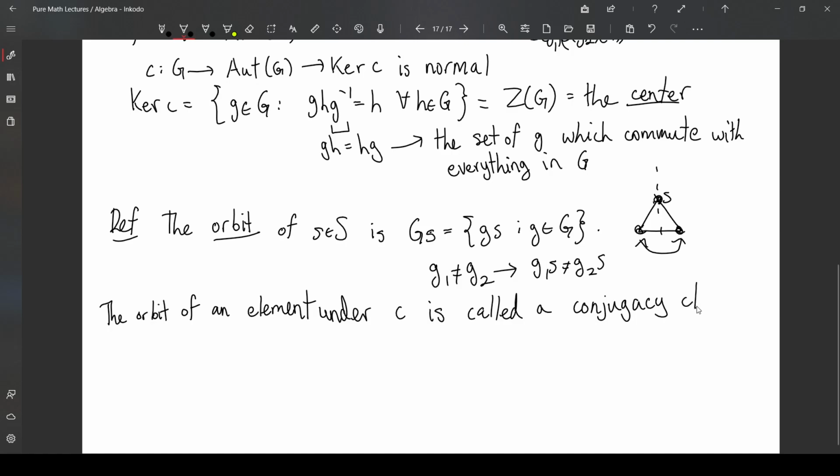So in other words, they're group elements which can be related to each other by some conjugacy.